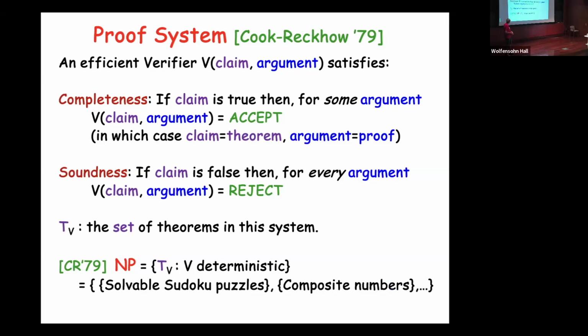And we saw examples of these sets. And P, the class P, if you didn't know the definitions, is just the set of theorems you can prove with verifiers that don't look at the argument. Namely, they take the claim and know the answer. So that's another version of the P versus NP question, whether these two classes are the same.